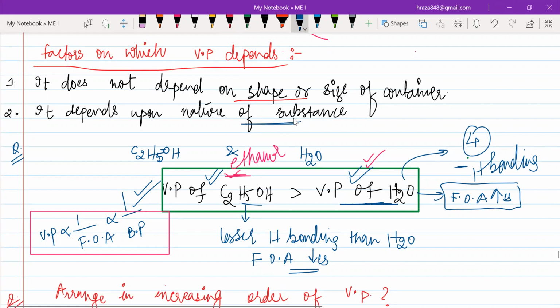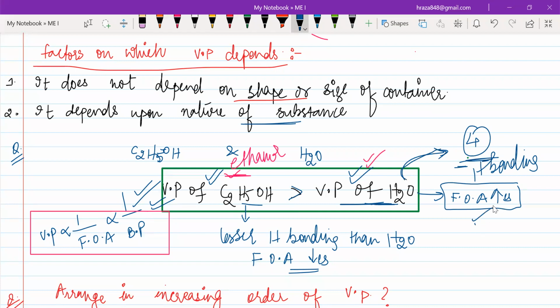That means basically, if the substance is having more force of attraction, then lesser vapor pressure; less force of attraction, then more vapor pressure. As you can see, vapor pressure of ethanol is greater than vapor pressure of water because water is surrounded by more hydrogen bonding.